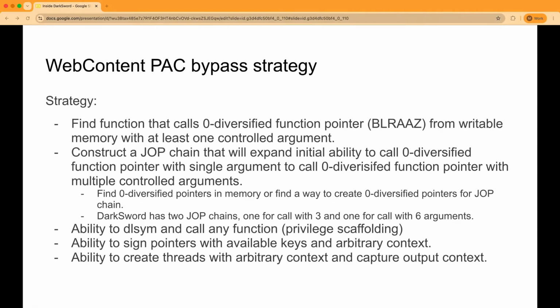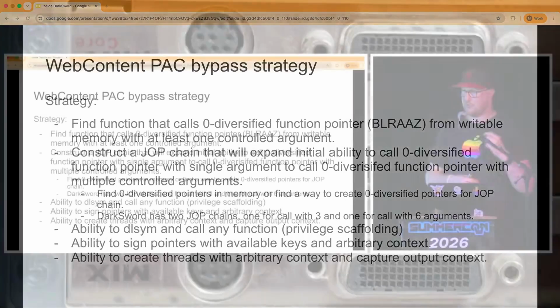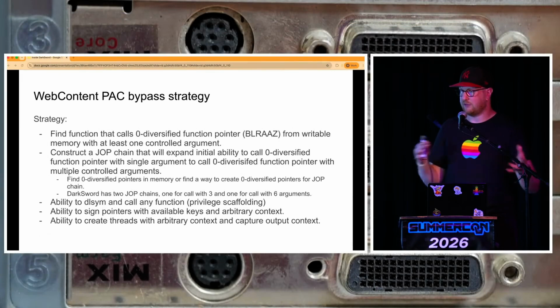If we have a function call with 3 parameters, we can call a function like dlsym and get back a signed pointer, so we can also call other functions. If we have a function call with 6 parameters, we can create our own thread. And then we can also define the context, and after this we basically have arbitrary code execution, even native one.